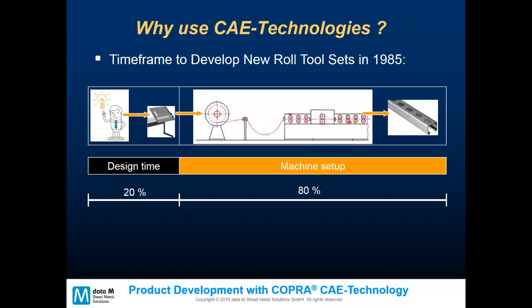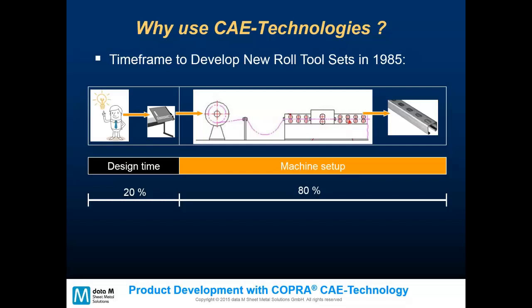So the question is, why use computer aided engineering technologies? Well, if we consider the time frame to develop new roll tool sets back in 1985, which is some 30 years ago now, the overall product development time here would have potentially been taken up with approximately 20% of the design time being done on 2D drawing boards using a pencil.